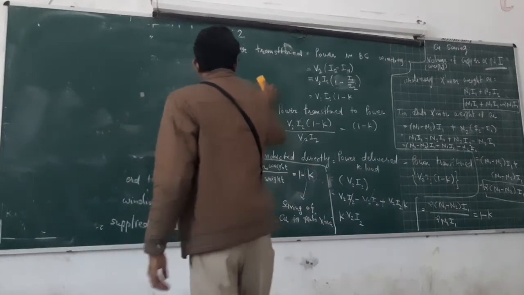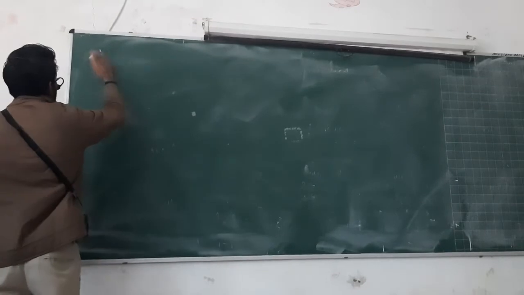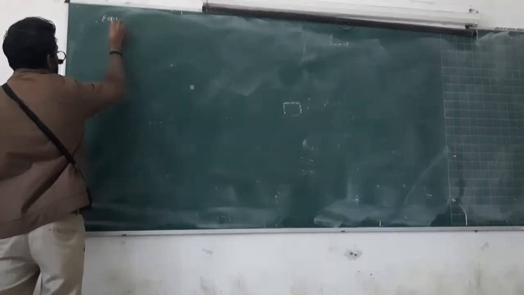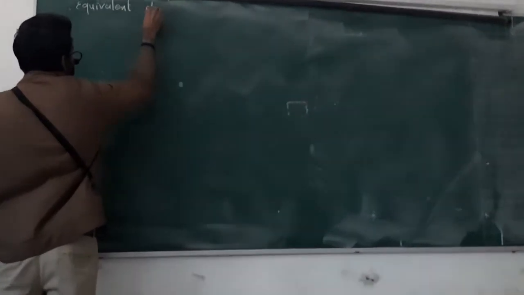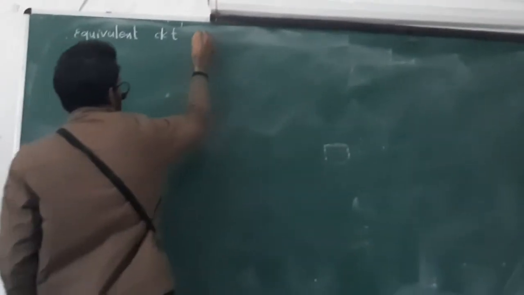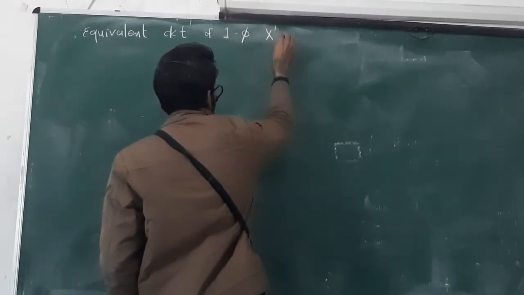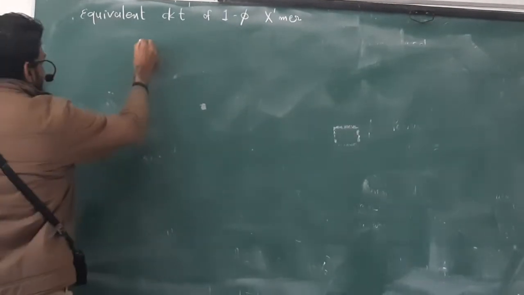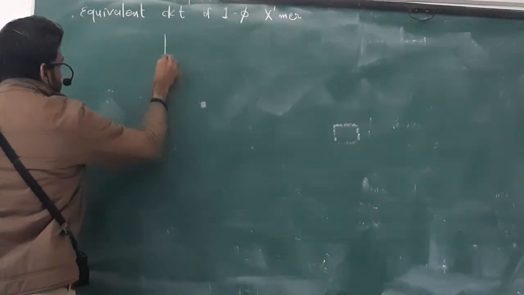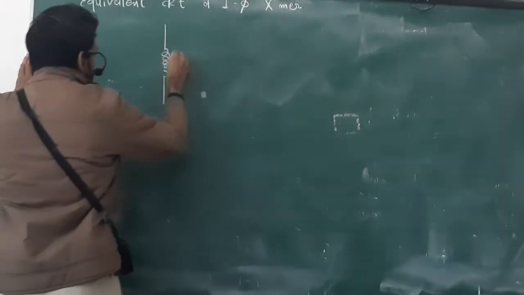Today we are going to discuss something. Okay, so here is the equivalent circuit of single phase transformer. Okay, so you remember that we have a winding here. Two windings are there.